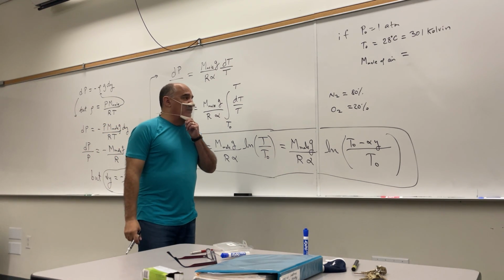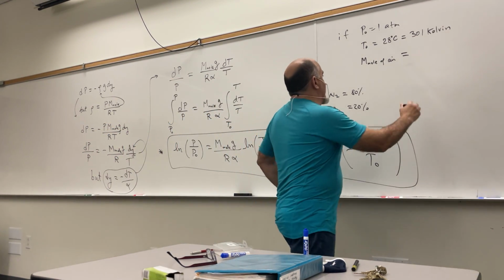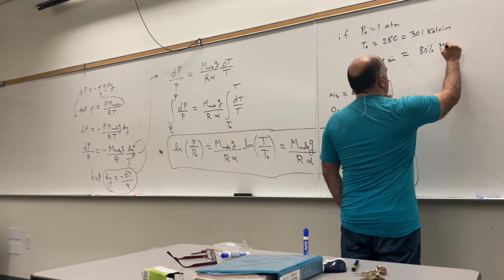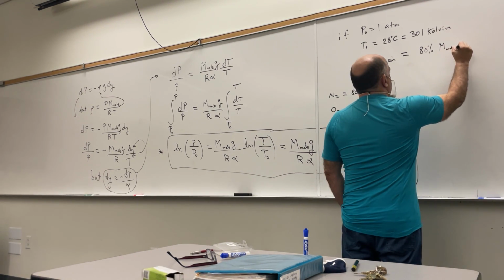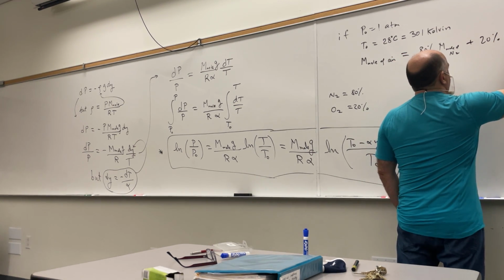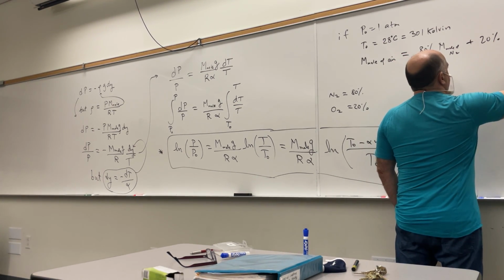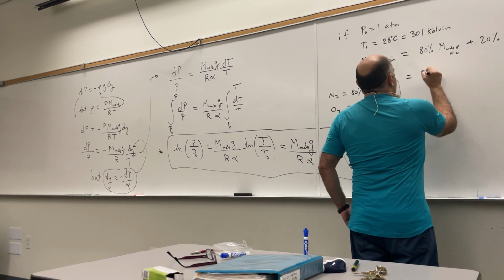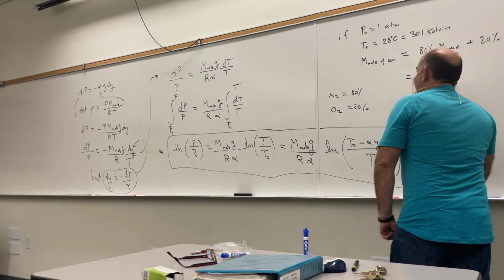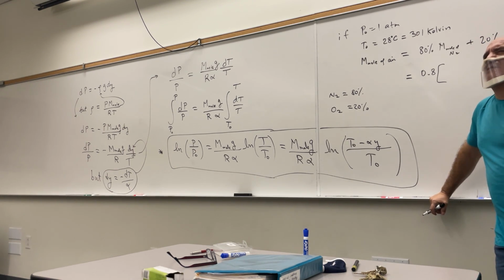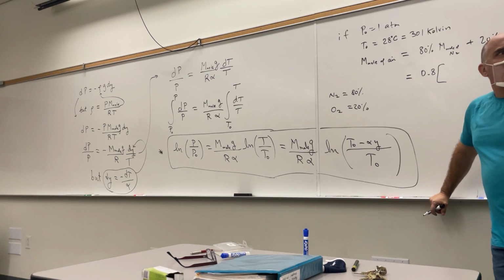So the mass of a mole of air would be 80% the mass of a mole of nitrogen plus 20% the mass of a mole of oxygen. And so this would be 0.8. Now, nitrogen. Nitrogen is what? The mass is like 14.0067, so 14.